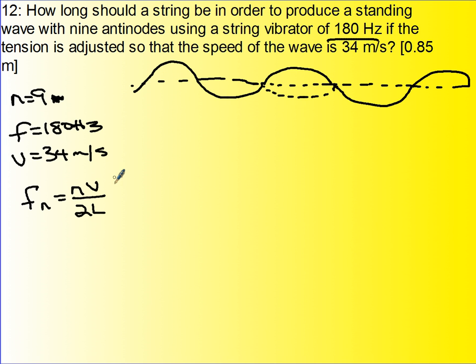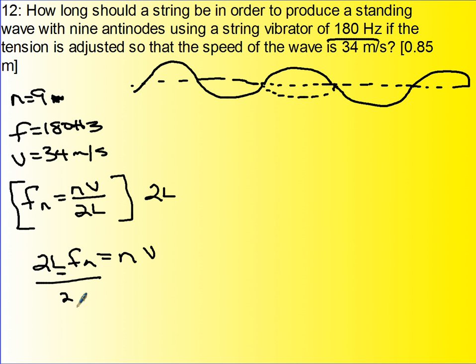So I'm going to clear my fractions here. Multiply by 2L on both sides. So 2L Fn is nV. We're looking for L, so I'm going to divide both sides through by 2Fn. So L is nV over 2Fn.